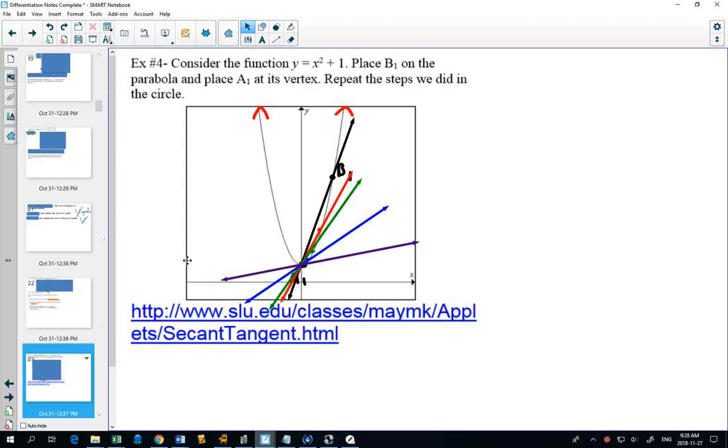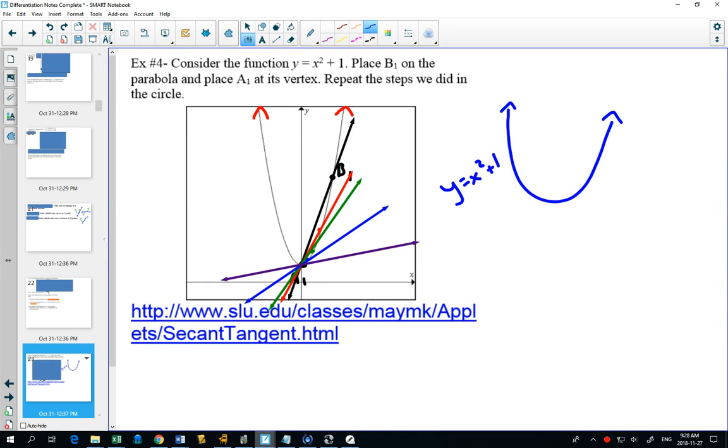So what our job is going to be: if we have y equals x squared plus 1, and you take a point on this curve like (1, 2), and you drew a tangent, we would want to find the slope of that tangent.